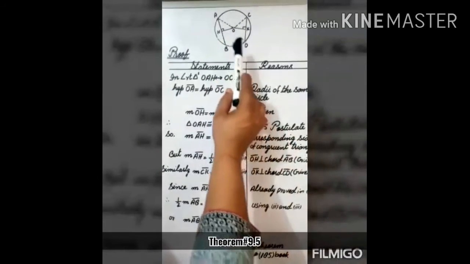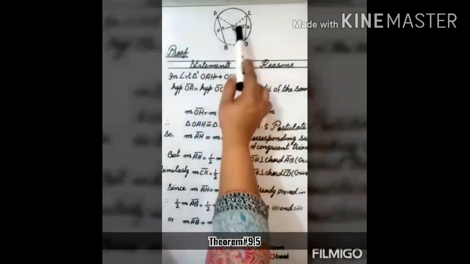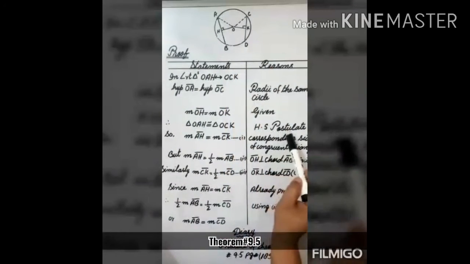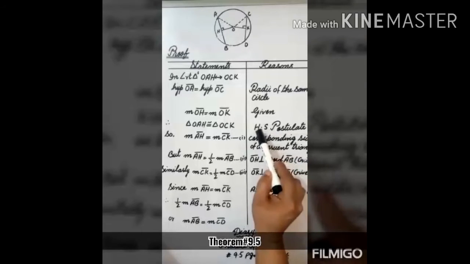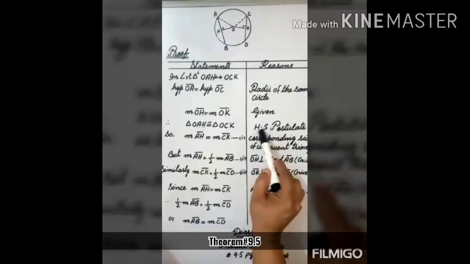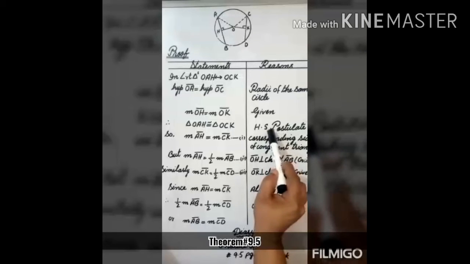Now triangle OAH is congruent to triangle OCK by the HS postulate. What is the HS postulate? You know very well, when in two right angle triangles the hypotenuse and one side are congruent to the hypotenuse and one side of the other triangle, then we can say that these two right angle triangles are congruent.